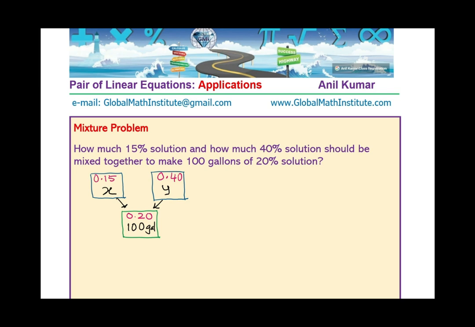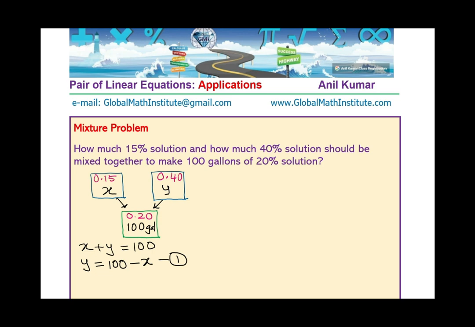When we say pair of equations, we normally work with two equations. So if I check the amounts, I do get one equation saying x plus y should be equal to 100, right? Second, we could say, well, y is equal to 100 minus x.